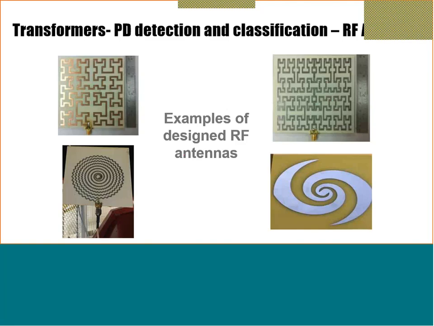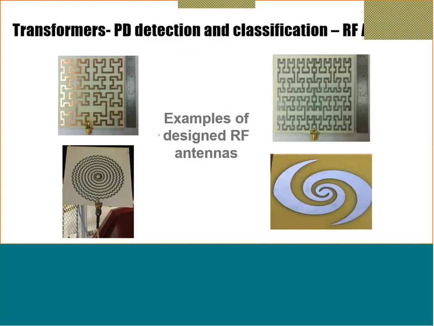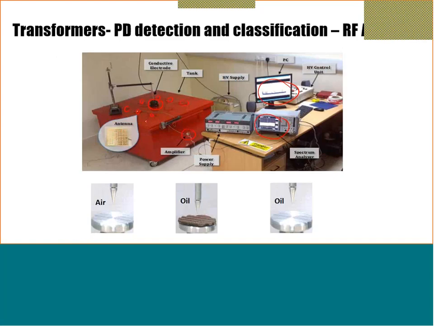Now, these are some of the antennas. The antennas that we want to use, we want to insert them inside, so we use what we call fractal antennas. These antennas are made on PCB, in a board, so they are actually very small. The size is a few centimeters, so they can easily be inserted in those holes.